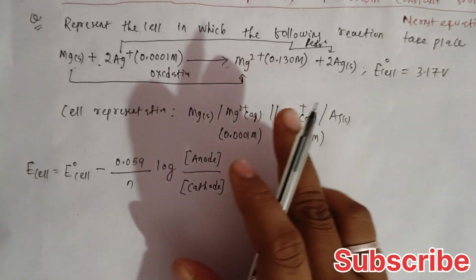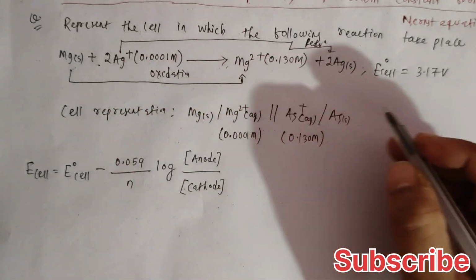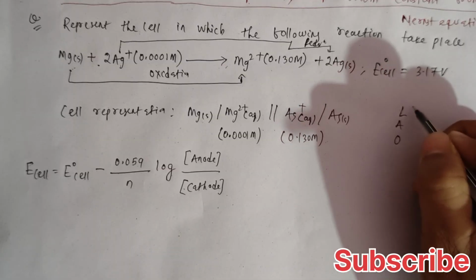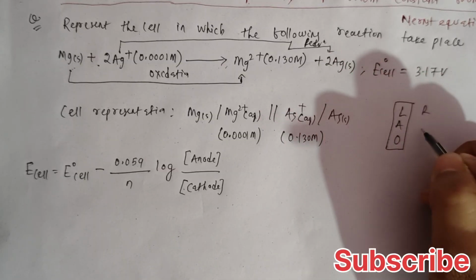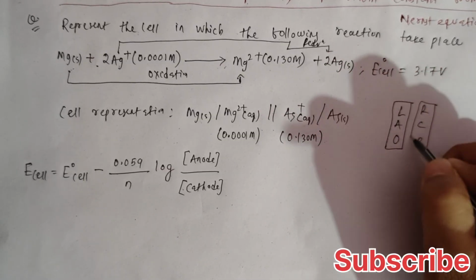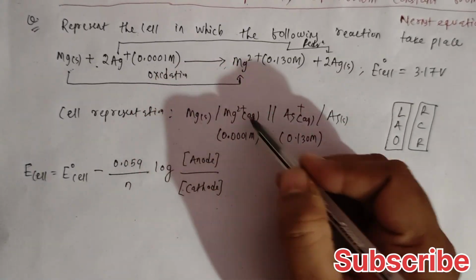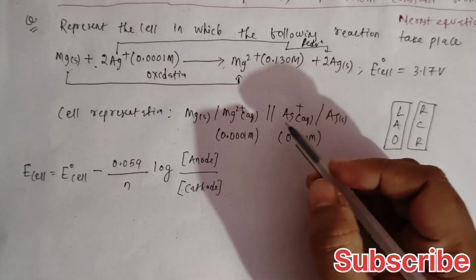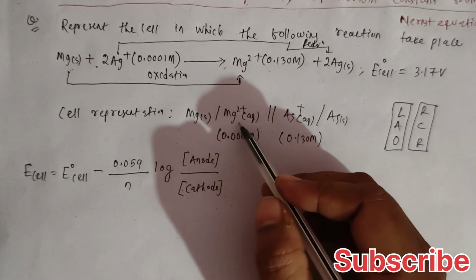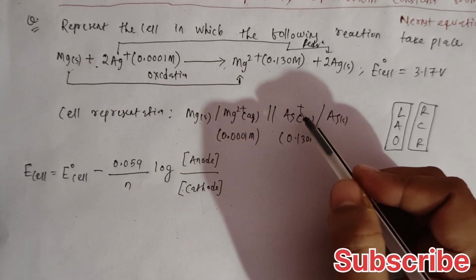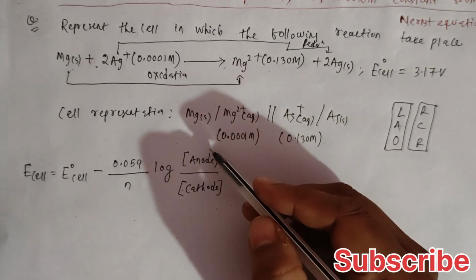We all know the rule: left anode oxidation, right cathode reduction. On the left side anode is always present, on the right side cathode. Magnesium is on the left and silver is on the right. So this is anode, this is cathode.